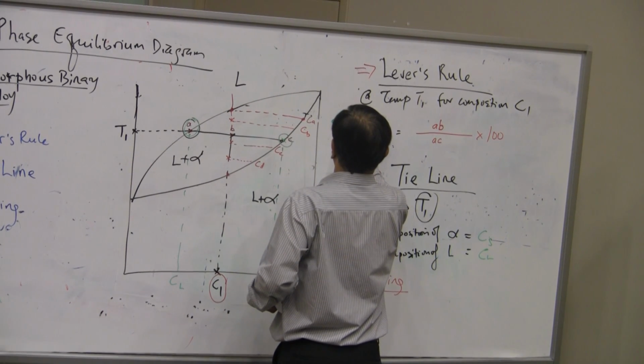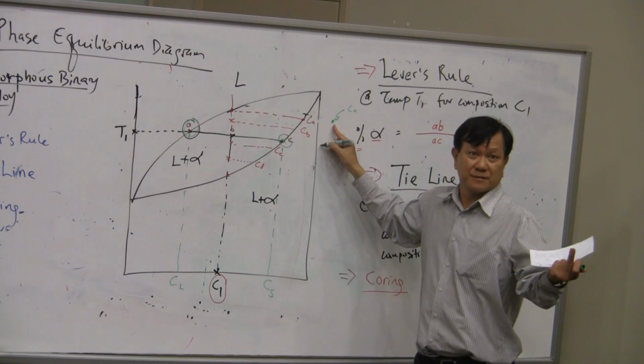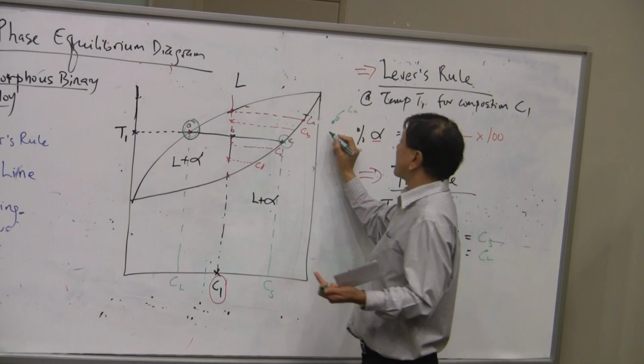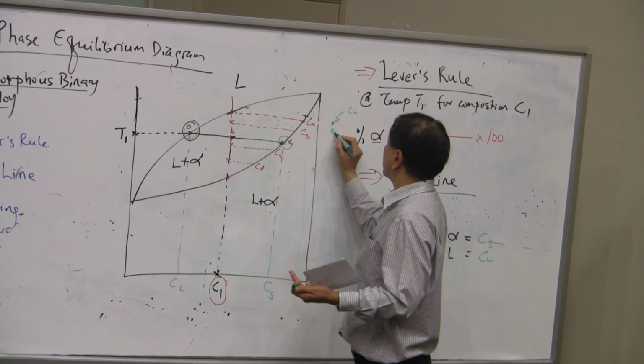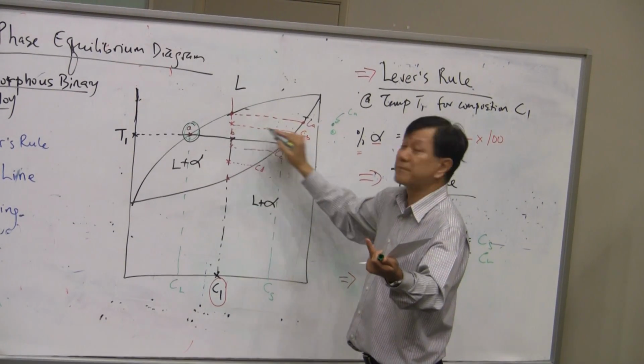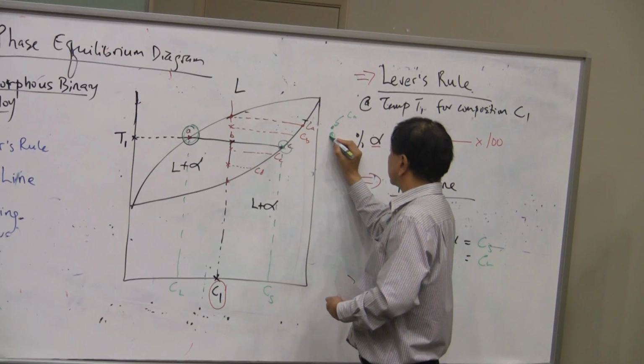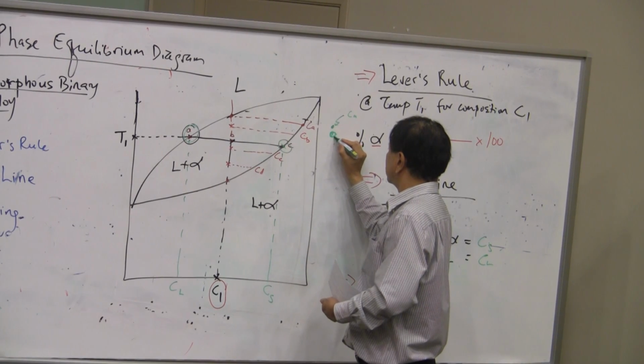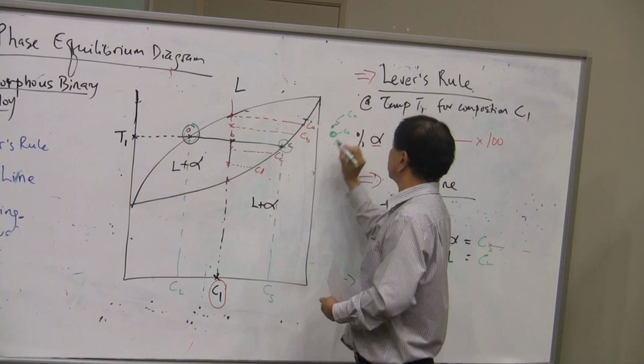CA composition. And then after that, you will have more and more. When it comes to this temperature here, this layer here will be CB.